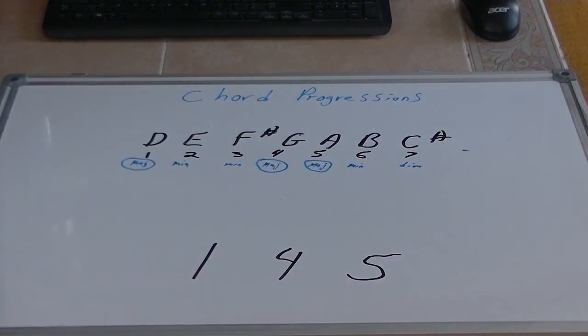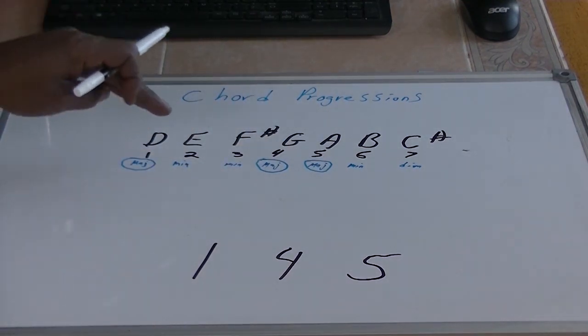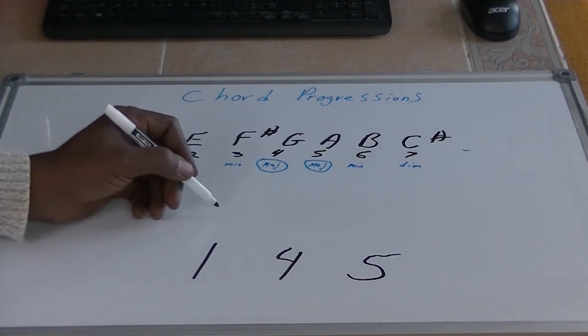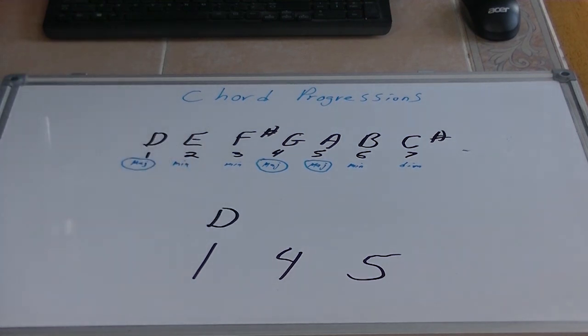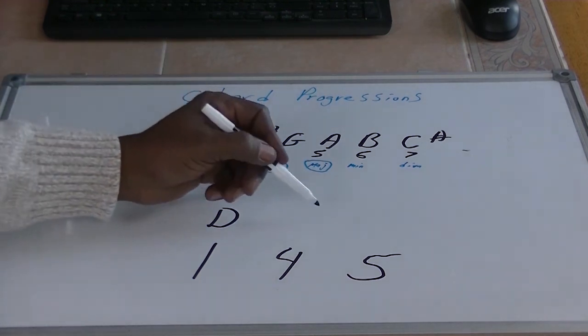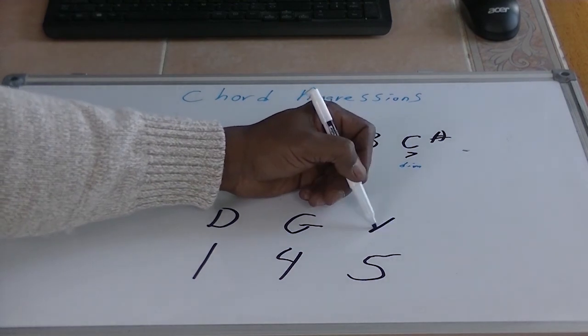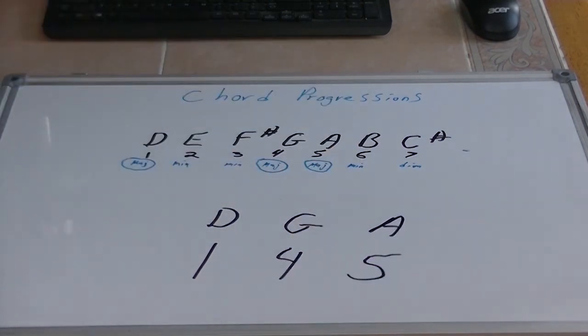So now we are working with scale tone chords in the key of D major. So now when we apply the numbers, the 1 chord becomes D major. The 4 chord is now G major, and the 5 chord is now A major.